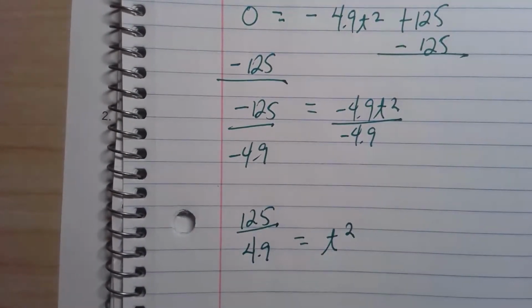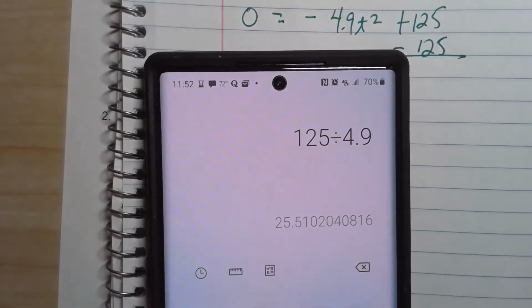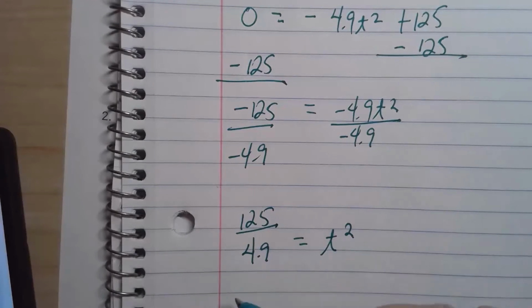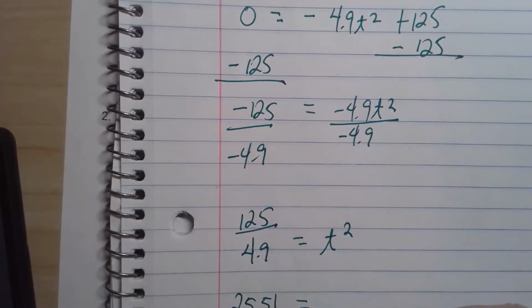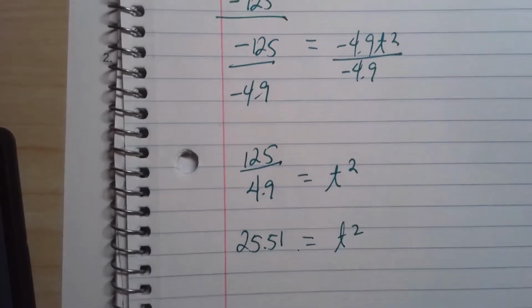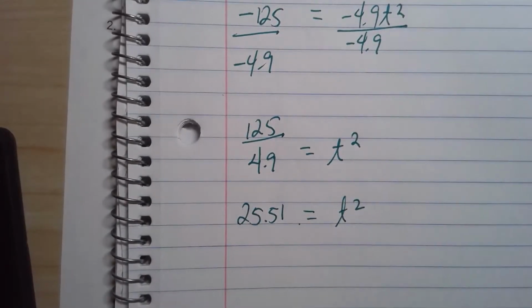So just go ahead and write it as 125 divided by 4.9 equals t squared. 125 divided by 4.9 is 25.51 equals t squared. Then we're going to take the square root of that.